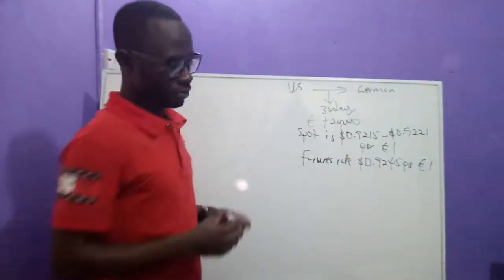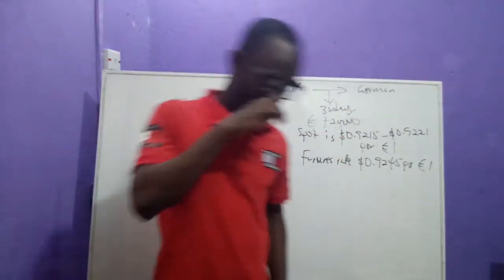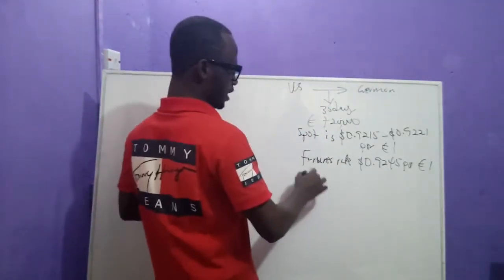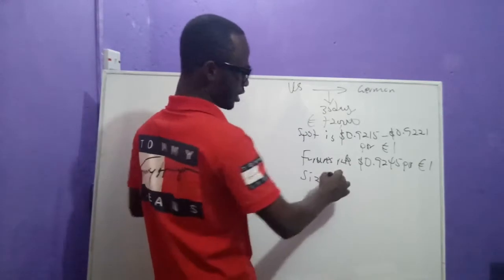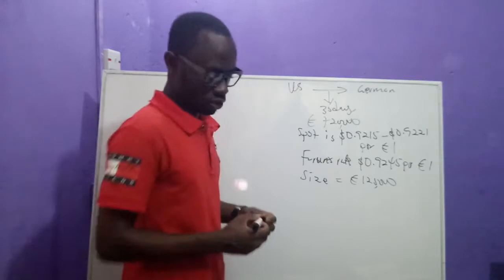The standard size of a 3-month futures contract is 125,000 euros. So the contract size in this case is 125,000 euros.